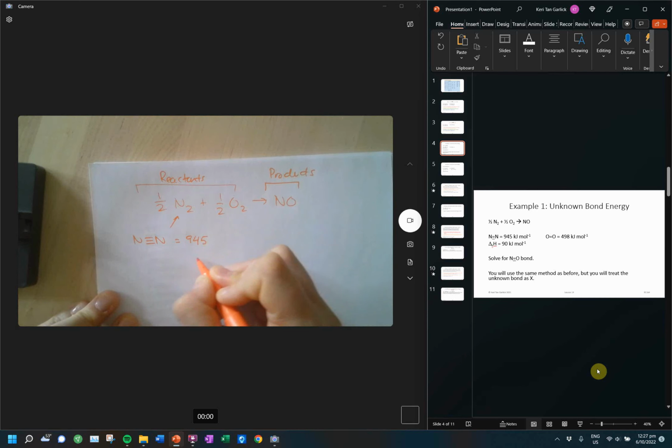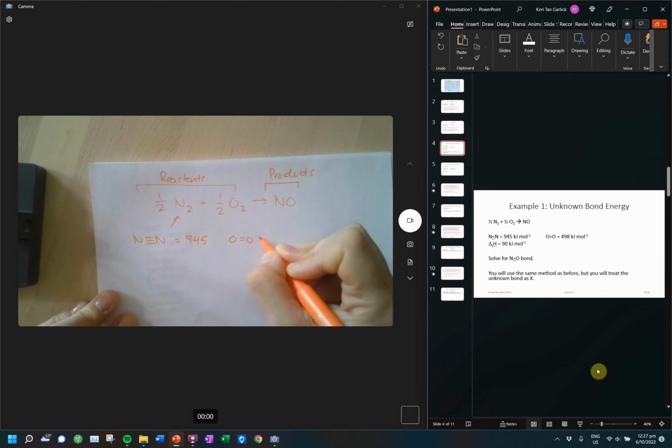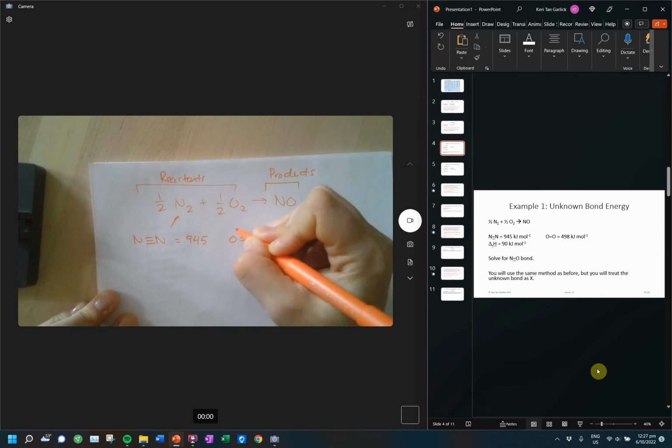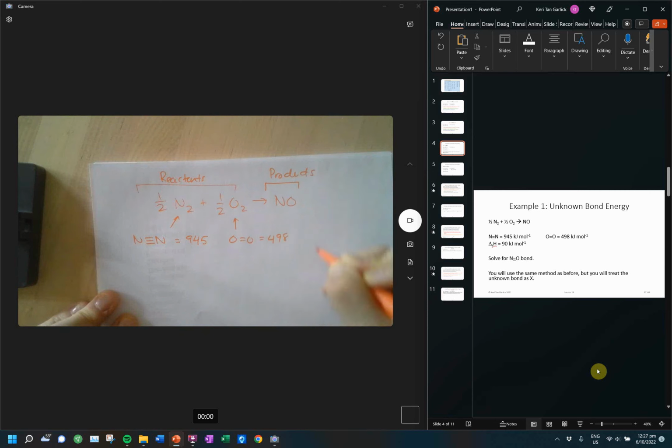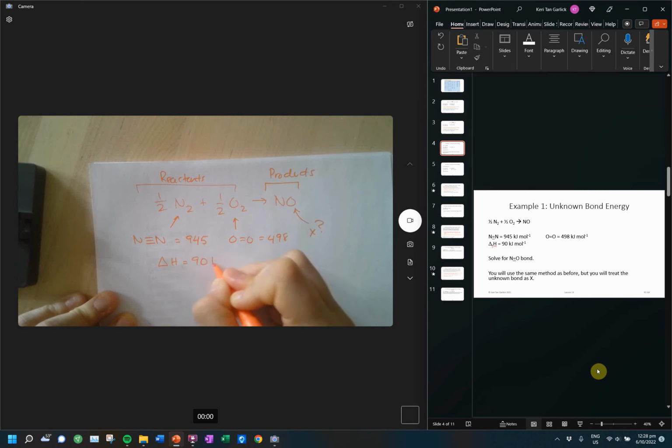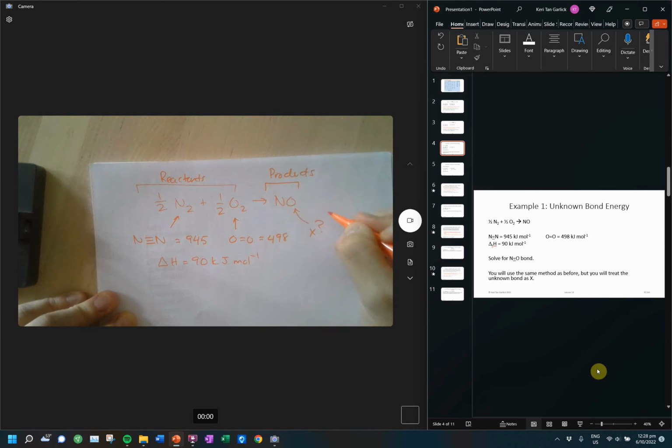They've also given me the O double bond, which they say is 498, which is that one there. And this is the one that's the unknown, the question mark, the X. And they've given me that the delta H value is equal to 90 kilojoules per mole. So they want us to solve for the N triple bond.